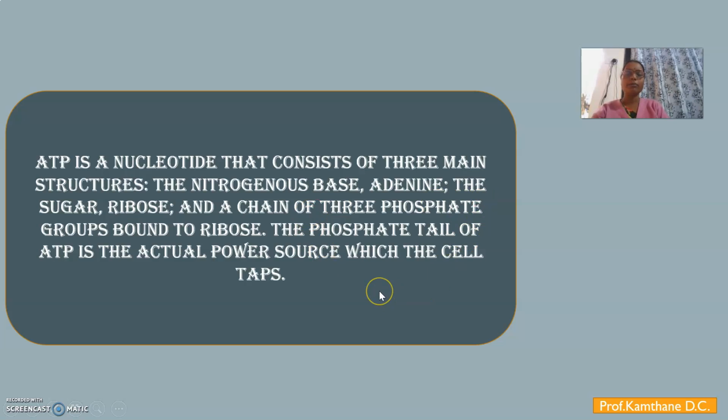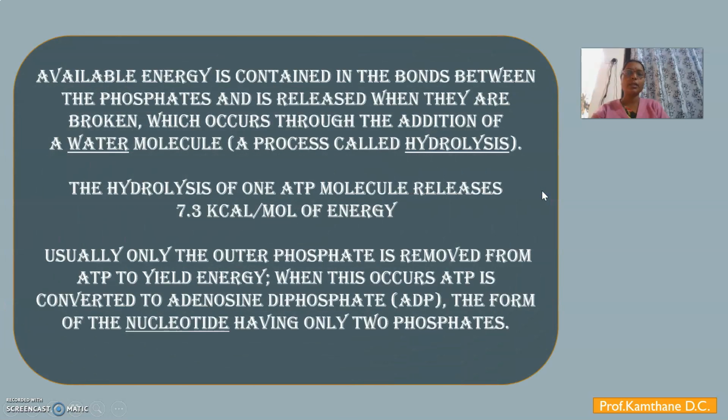The phosphate tail of ATP is the actual power source, giving energy to the cell. The available energy is contained in the bonds between the phosphates and is released when the cell requires energy. This energy is released by the addition of a water molecule, the hydrolysis reaction, and hydrolysis of one ATP molecule gives 7.3 kilocalories per mole of energy.